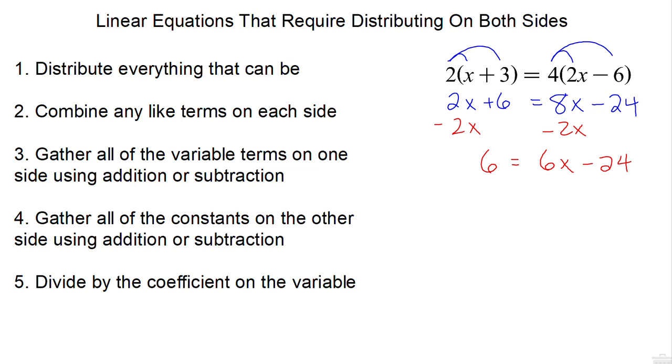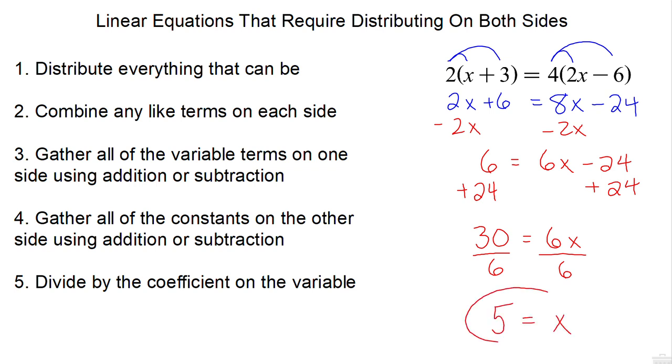Then I want to get all of the constants onto the other side, so we'll have to add 24 to both sides. 6 and 24 is 30. We're left with 30 equals 6x. And divide by 6 on both sides, giving us 5 equals x, or x equals 5.